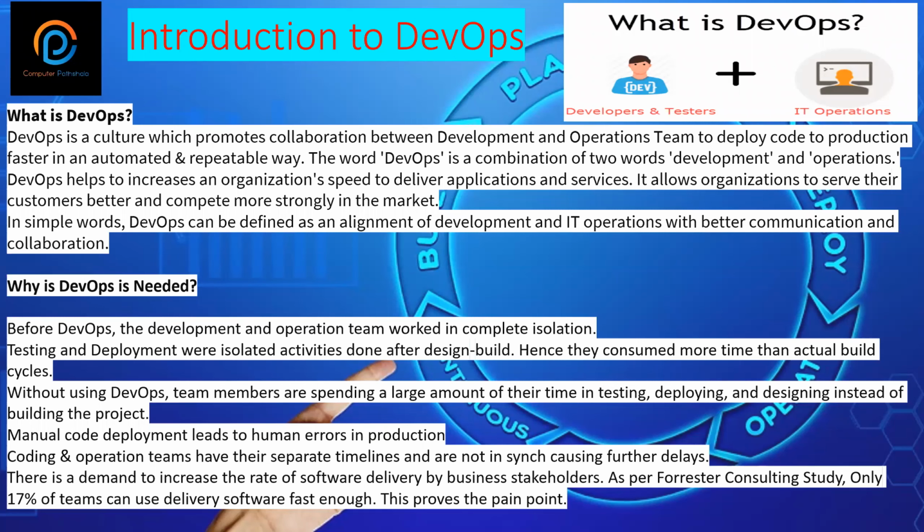The developer made the changes, and after making changes there was no communication between the developer and the operations team, because after the developer made changes, operations just deployed it on the servers, like the system admin people, Linux system admin, Windows system admin. But there was no scenario of testing and all.